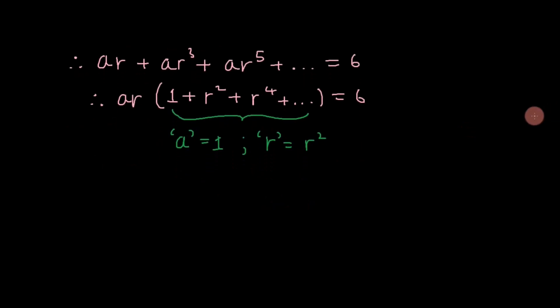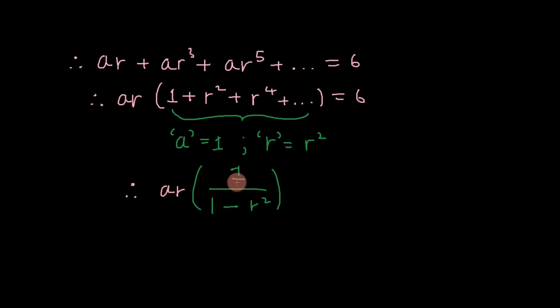So I'm going to use another sum formula here for the terms inside the brackets. So then this is a sum to infinity, and a is 1. So it's a over 1 minus r, but we said r is actually r squared here. So this is the sum to infinity of the terms inside the brackets, and we are multiplying it by ar.